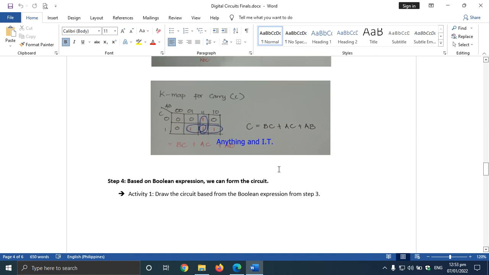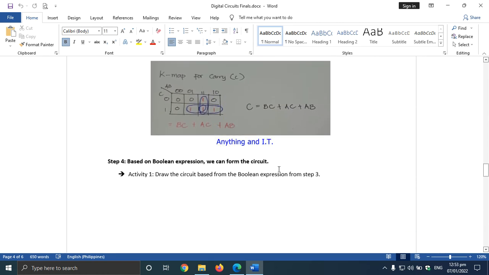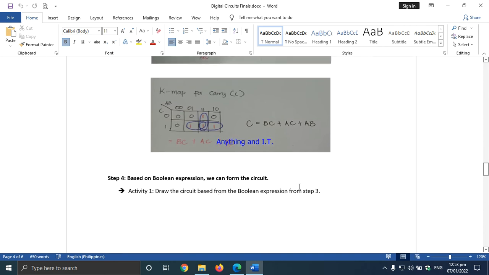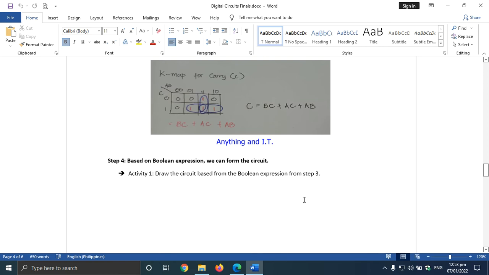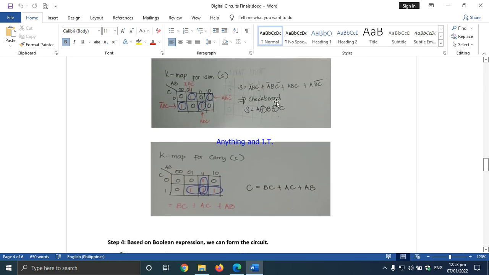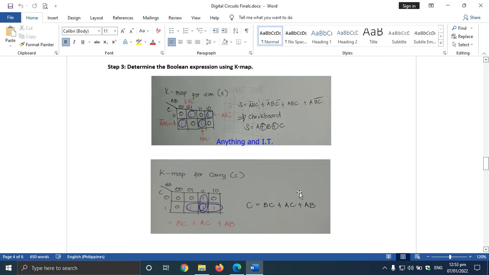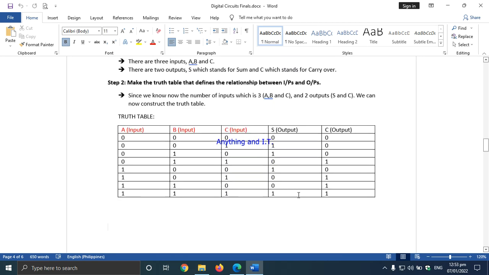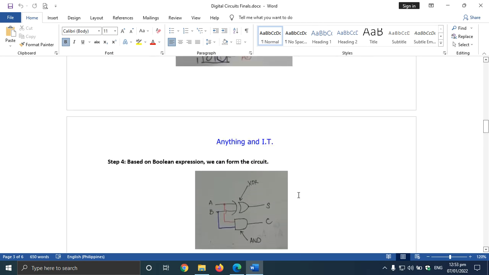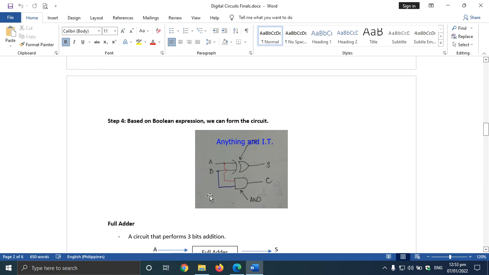Okay, so for your activity in this lesson, we're going to draw the circuit based from the Boolean expression from step 3. So you are going to draw the corresponding Boolean expressions or the circuit for these 2 Boolean expressions. So as a reference, pwede ninyong balikan yung half adder natin, which is ganito yung output.